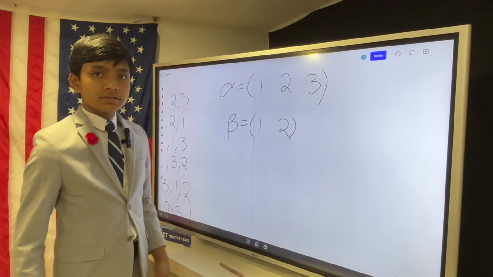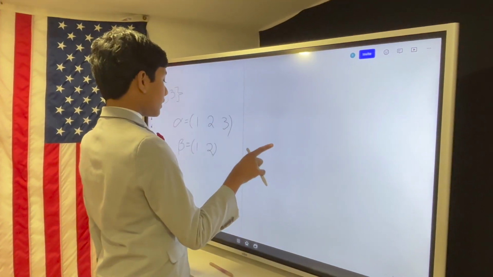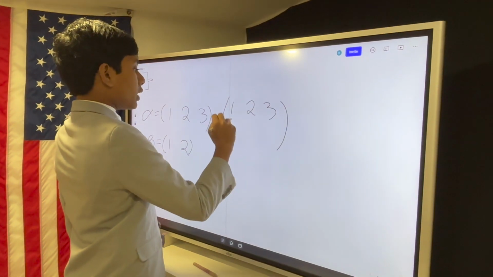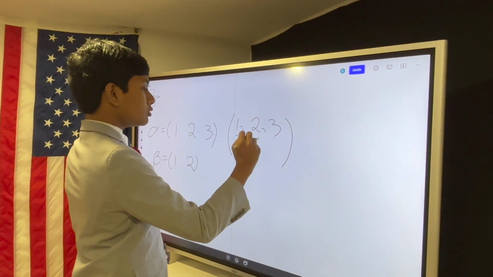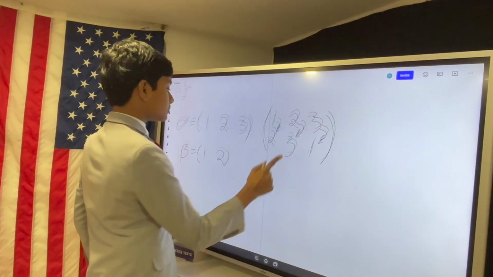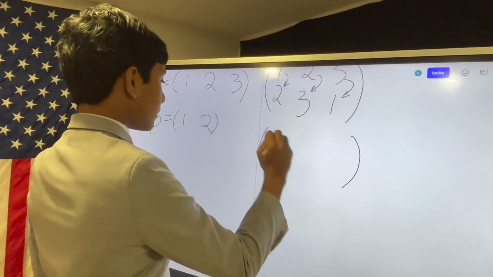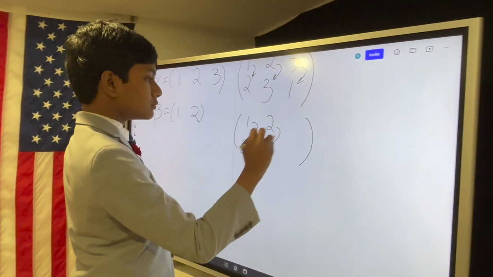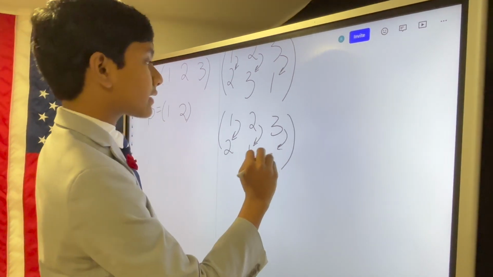All right, so in a more familiar way of writing it, we write 1 goes to 2, 2 goes to 3, and 3 goes back to 1. And here we can write 1 goes to 2, 2 goes to 1, and 3 maps back to 3.